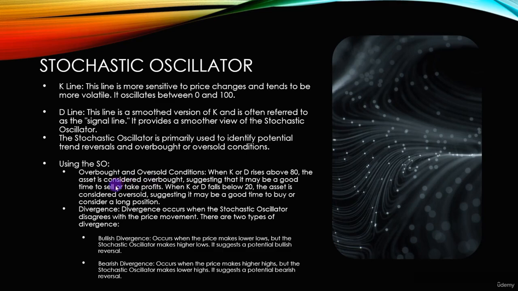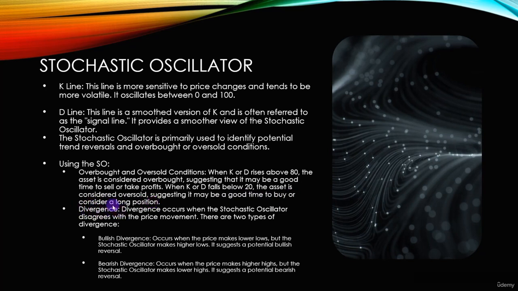Don't build your entry points based on the stochastic oscillator or the RSI, but these indicators might be a good exit point or exit indicators. Then when K or D falls below 20, the asset is considered oversold, and this suggests that it may be a good time to buy or consider a long position, or even exit bearish positions.